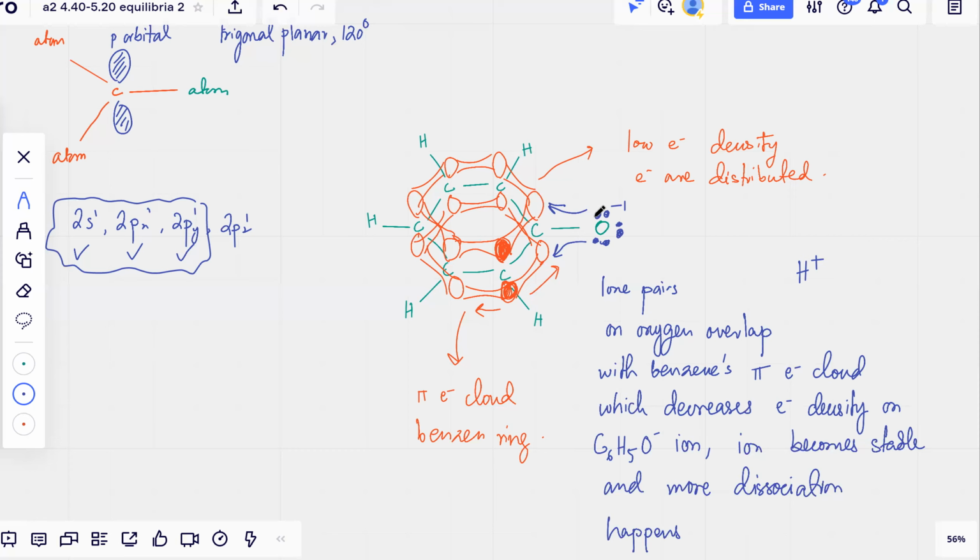So this is what the structure of benzene does. It has an electron withdrawing effect because it has a large surface area, and the electrons over here can get distributed over a large area. There's an electron cloud, so the electrons over here can get mixed up with that electron cloud, and get distributed. Is this clear? Yes, sir.